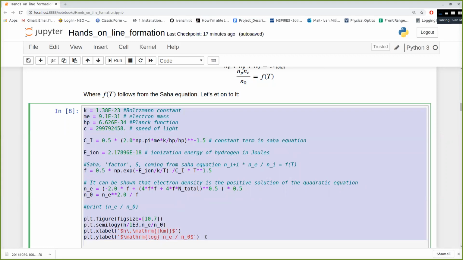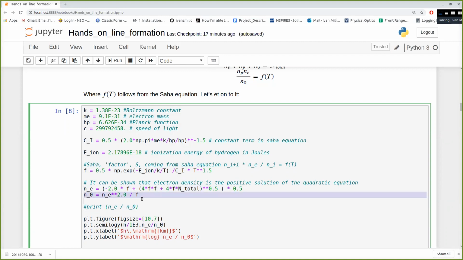And I basically calculate some quantities here, and here there is a solution where I solve for electron densities as an unknown parameter. And then I know the relationship between the electron densities and neutral hydrogen, where NP is equal to NE, so I have NE squared over NO equals this function of temperature. So then I can calculate the amount of neutral hydrogen as NE squared over this thing here.